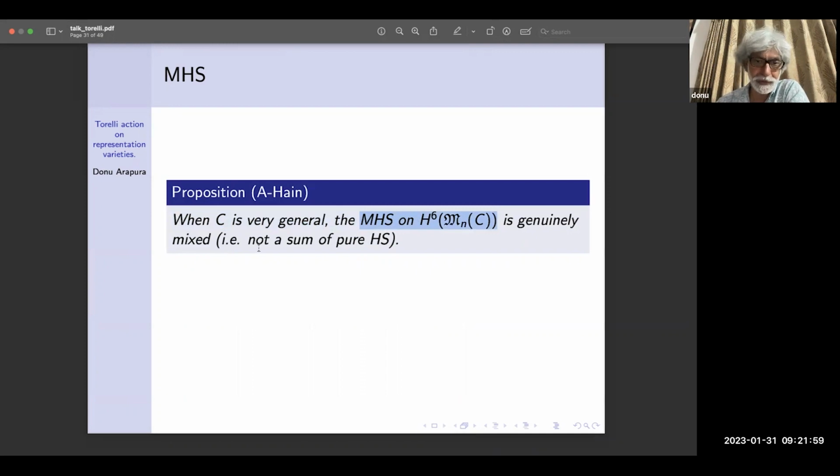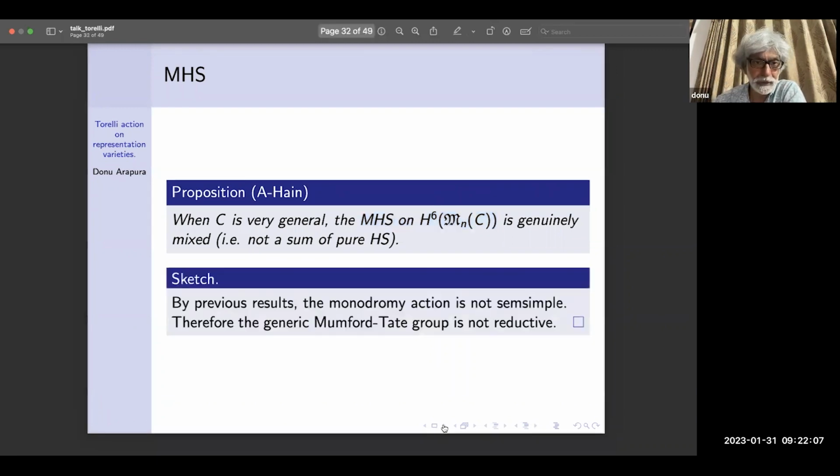What I mean by that is it's not a direct sum of pure Hodge structures. Let me give you a sketch, and I think for this audience, these words make sense, so I can just say it.